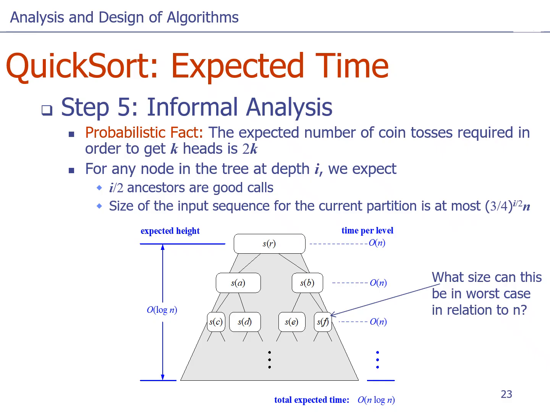So for that specific node I am standing at, the size of the sub-array inside that node that I will be splitting later on, but I'm just talking about that specific node at that specific instance, will be at most (3/4)^(i/2) multiplied by n.